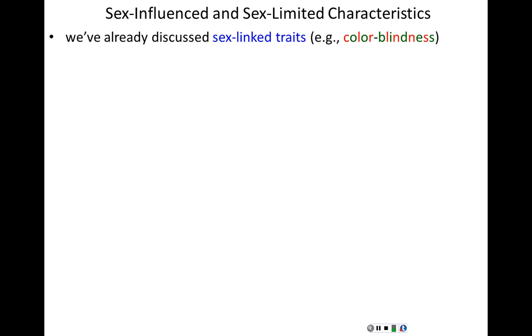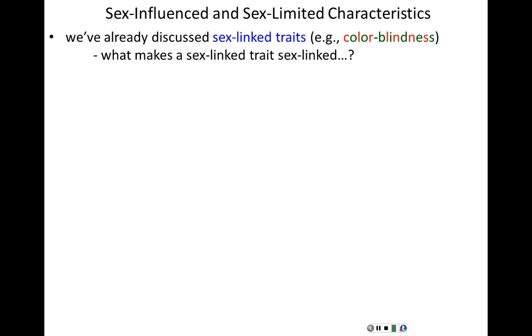We'll talk first about sex-influenced and sex-limited characteristics. We talked about sex-linked traits. The example we used most was color blindness in human beings. And these were traits that showed us a distinct gender pattern, and we knew we can measure and track what makes the gender pattern in these sex-linked traits.